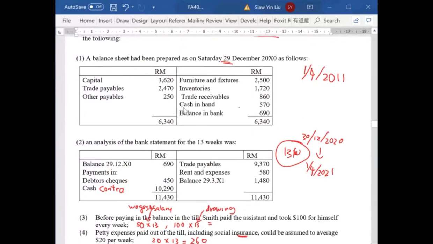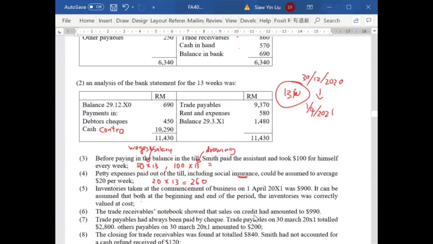Look at the date, this is in December before you start. So here, this is your opening inventory. And then here, this figure 900, this one is your closing inventory. Okay.